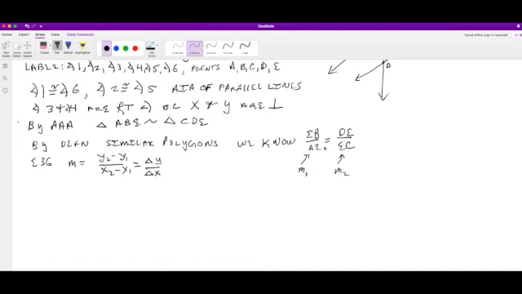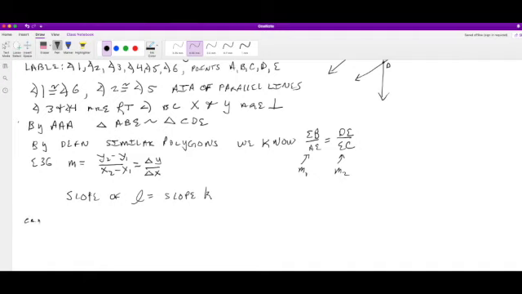So we can now make this statement that the slope of L is equal to the slope of K, right? And that's what we were wanting to show. So that is proving case one, from A to B.